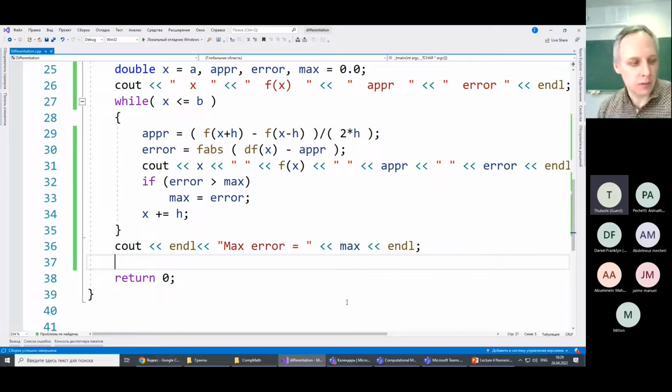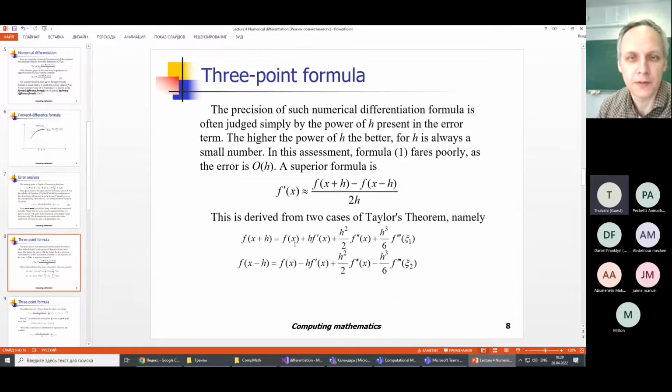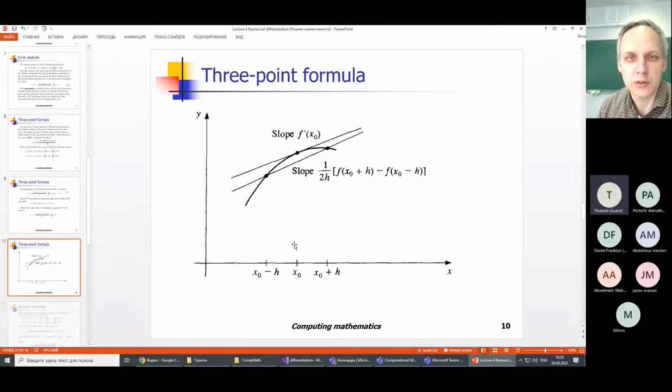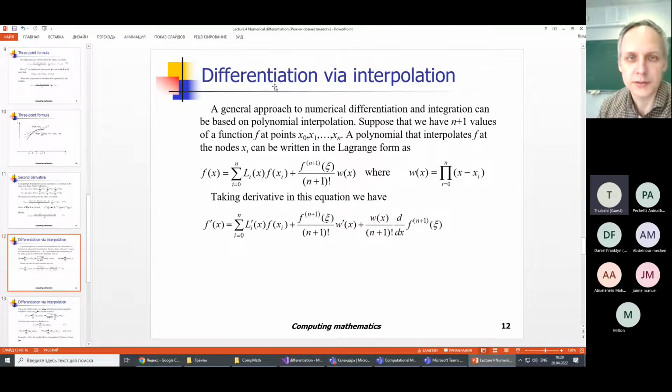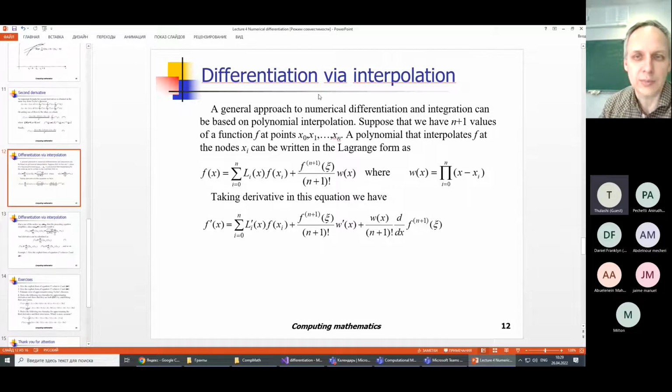Well, let's have a break now. And after the break, we continue and we consider some theoretical features of numerical differentiation. We consider how to derive numerical differentiation formulas using an interpolation polynomial.